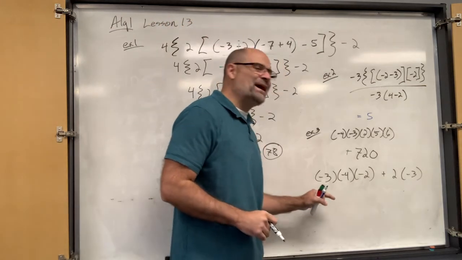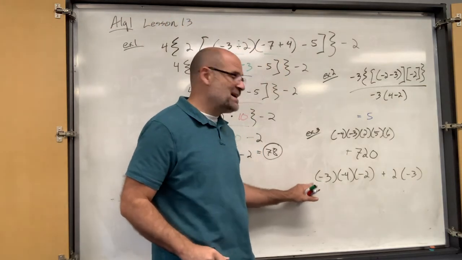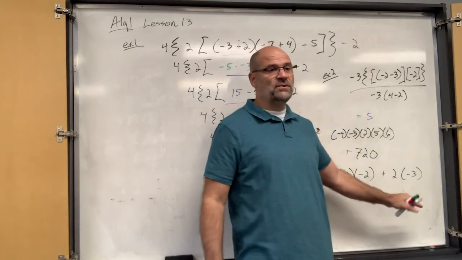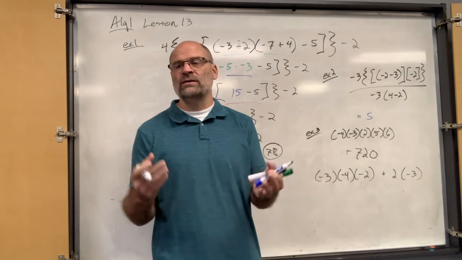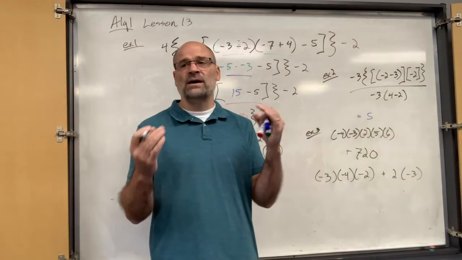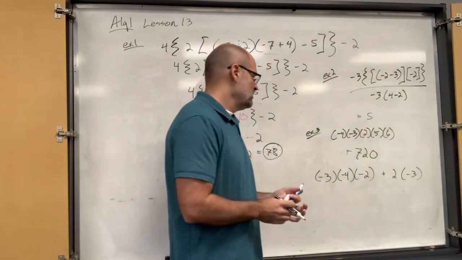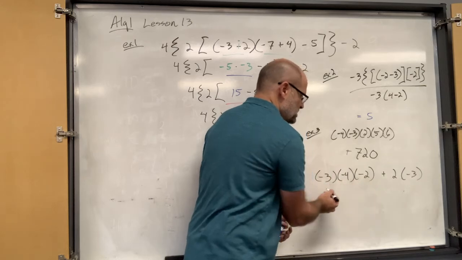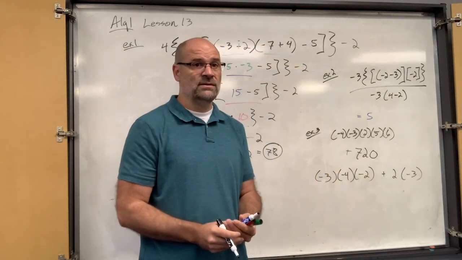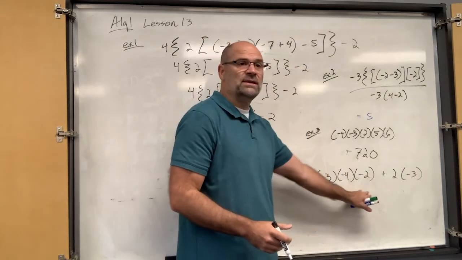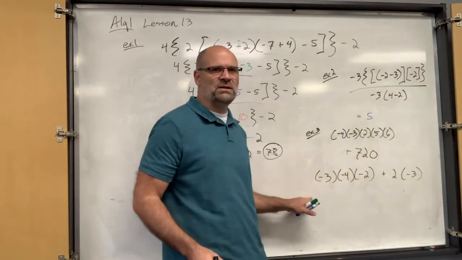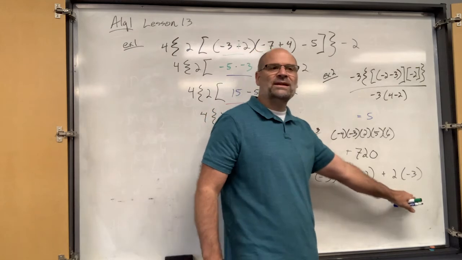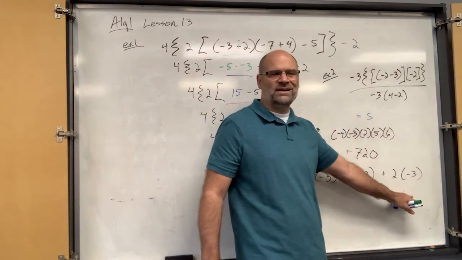All right, so now that rule here, this is not just one big multiplication problem. If it was all multiplication, then you could say, all right, even amount of negatives is positive, odd amount of negatives is negative. Well, these are two separate multiplication problems. So this one's going to be negative, and this one's going to be negative, because there's 3 negatives being multiplied here, and 1 negative being multiplied here, okay?